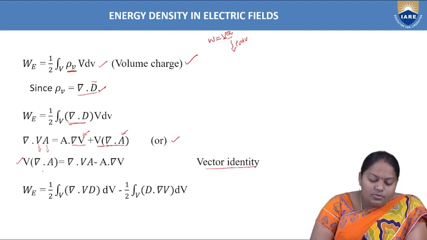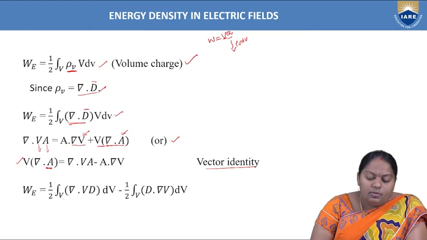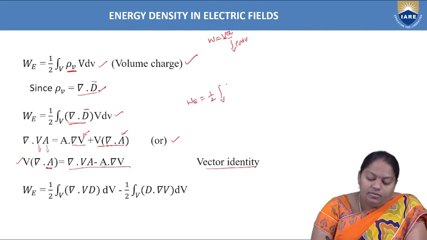Now substitute in place of A the vector term, the electric flux density D. Now consider the equation W E equal to 1 by 2 integral V del dot D dV. In place of del dot D into V, we write this expression, meaning W E equals 1 by 2 integral of del dot VD minus D dot del V dV.